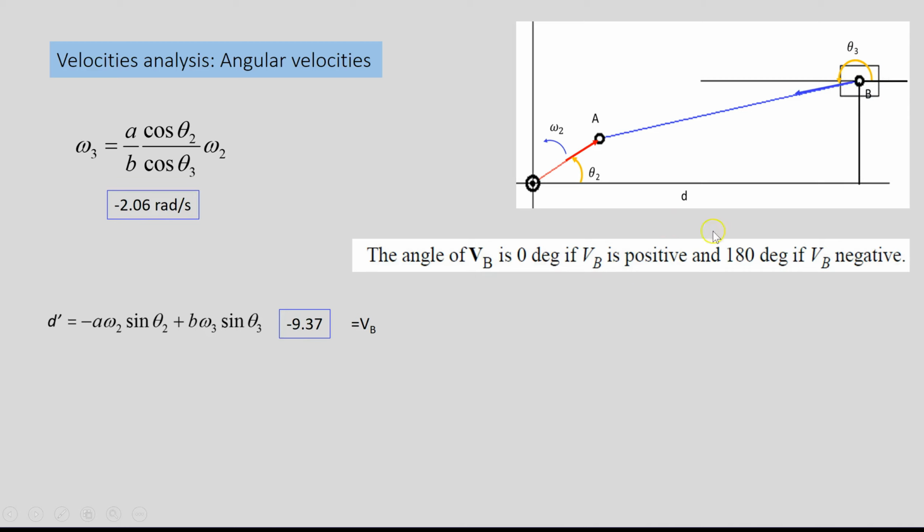This statement is very important to remember: when we get d prime's value as negative, the angle should be 180 degrees. When we get positive, the angle should be 0 degrees. How?